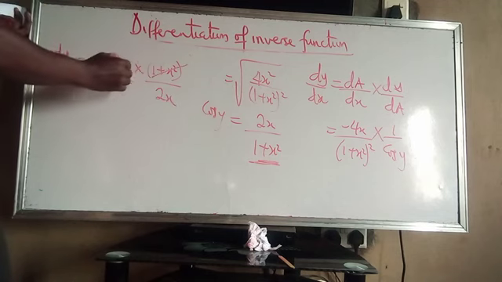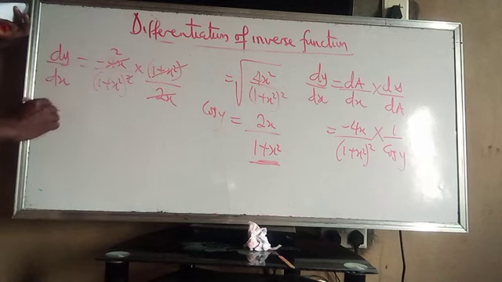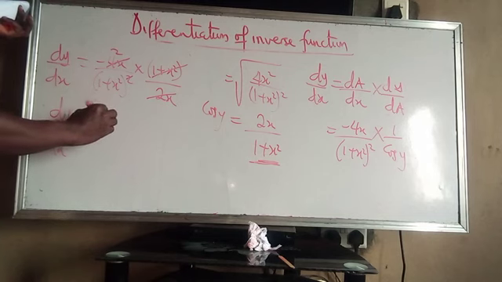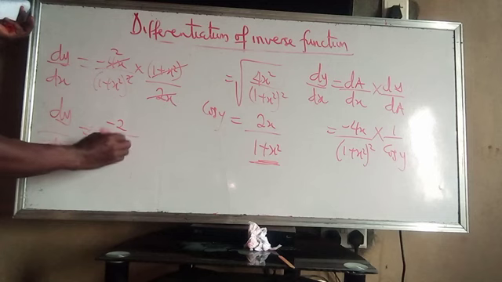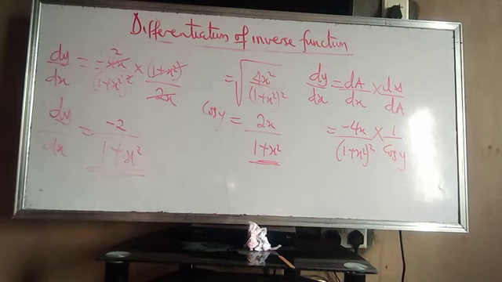So this one will cancel this, and we have 2 here. So dy/dx will now be minus 2 all over 1 plus x squared.